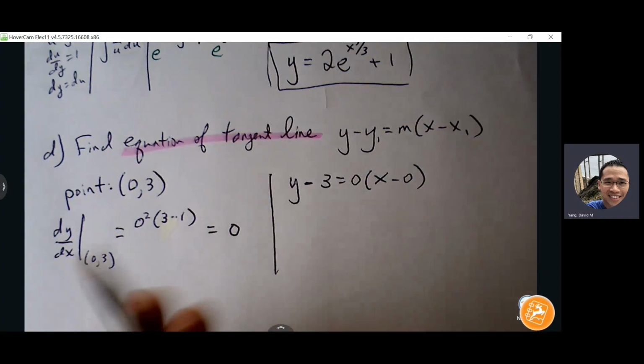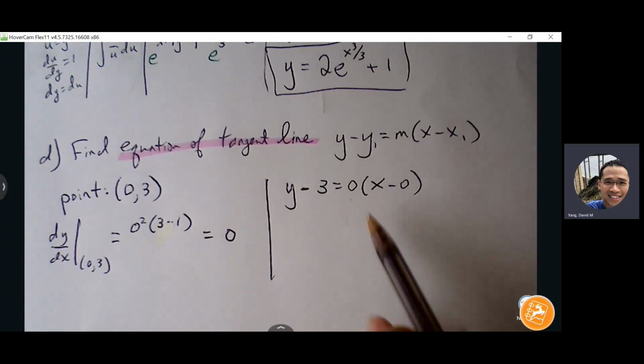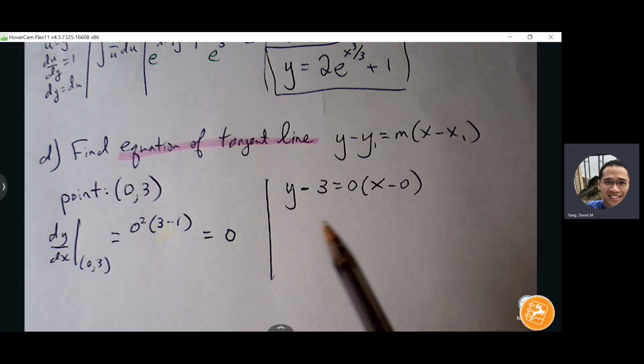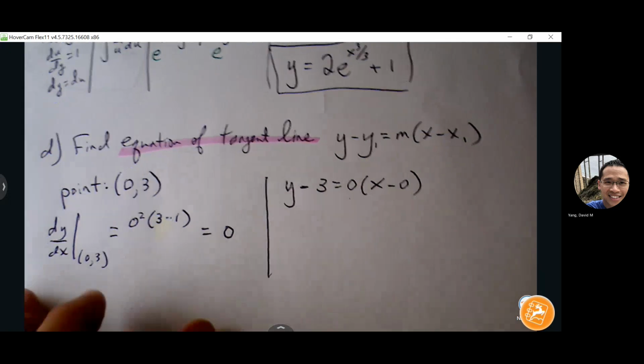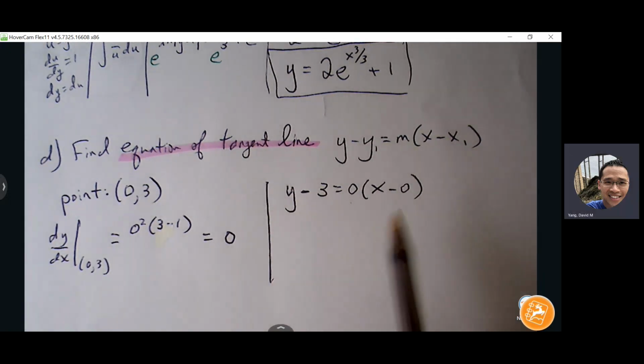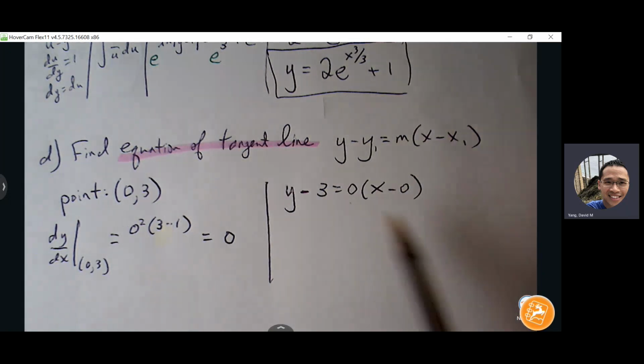Okay, so this doesn't end up being as interesting because that zero slope is going to basically turn this into a really simplistic equation. But normally the next part says use it to approximate f of 0.1. So normally we'll do what after this?